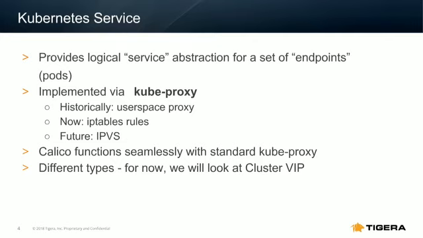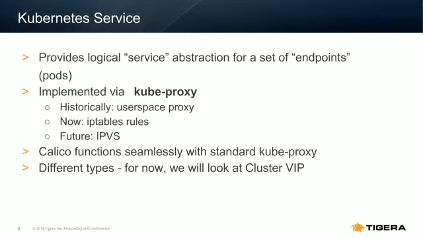Kubernetes provides a logical service abstraction for a set of endpoints. So basically, when you decide that you want to offer a service off of a given set of pods, be it one or more pods, you define a service. And you then map that service to a label on the pod. So you basically say this service will be provided by all things labeled LDAP server. Okay, that's now an LDAP service or whatever.